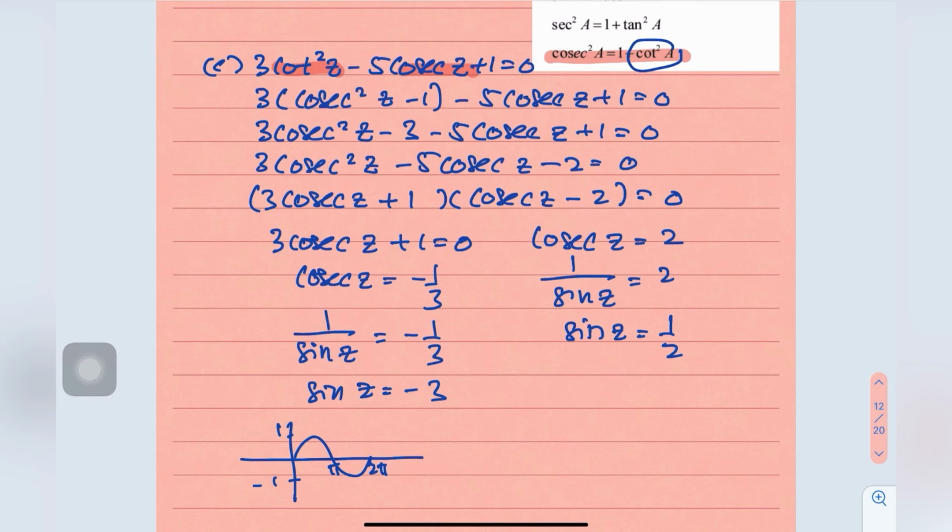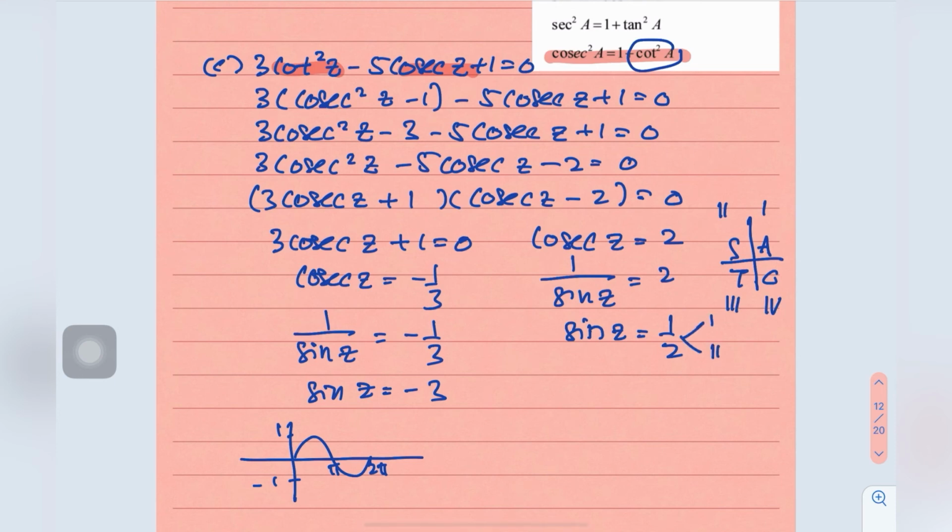Another one here, we got sin z equals 1 over 2. We can solve this. Using ASTC, add sugar to coffee, quadrants 1, 2, 3, and 4. Sine is positive in quadrant 1 and quadrant 2. To find z, it is sine inverse of 1 over 2, which equals 30 in quadrant 1.